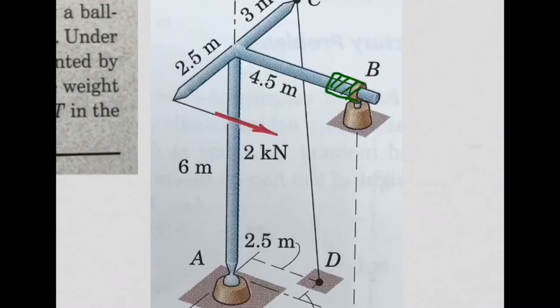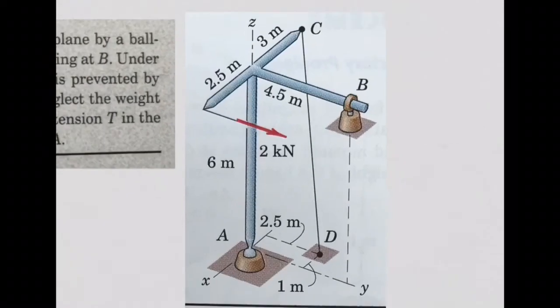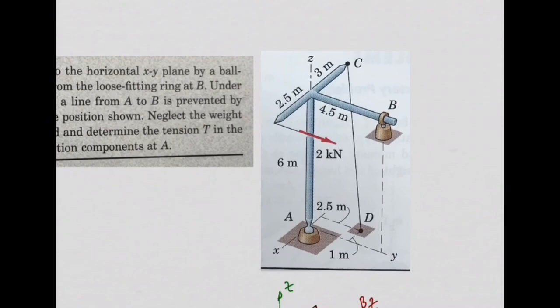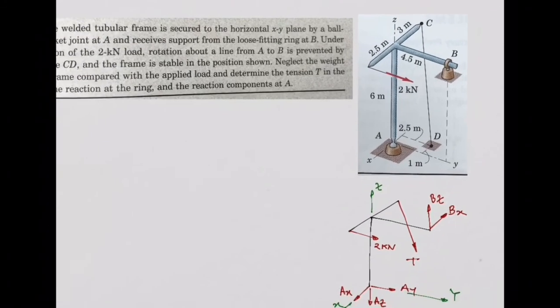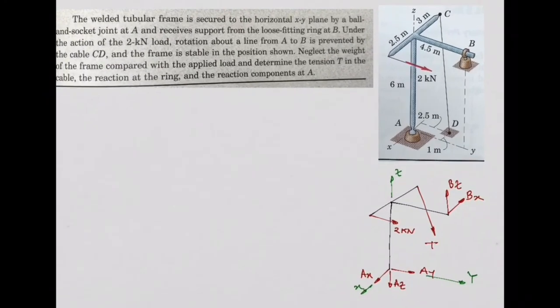So assume the rotation is allowed, which means there are no moments as reactions. This is different from the bearings in the previous examples we did in the morning. The bearings have that width long, so the rotation is not allowed because of that wide support. But here is different. All right.